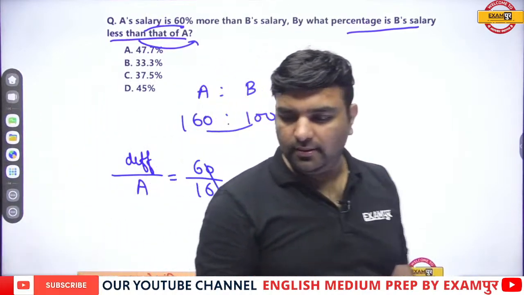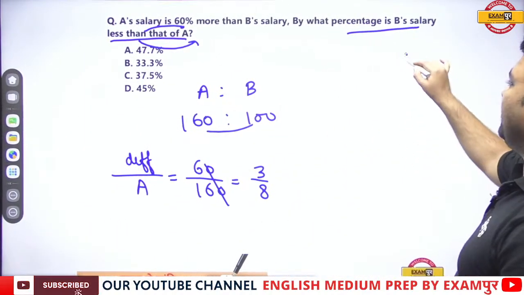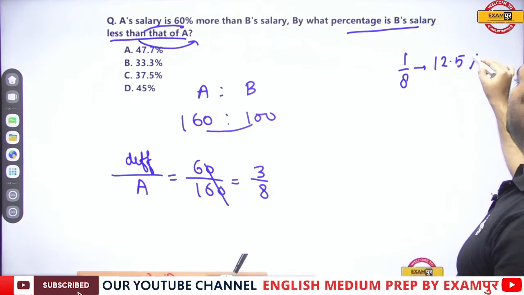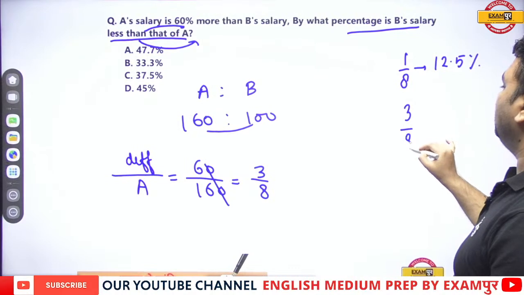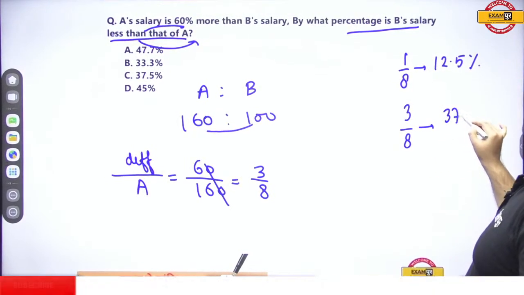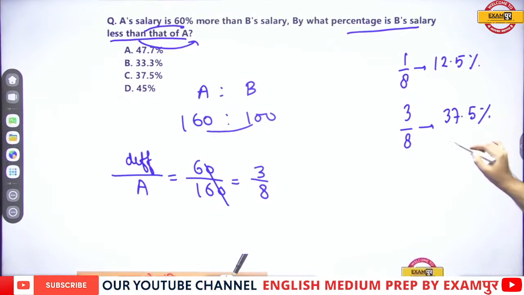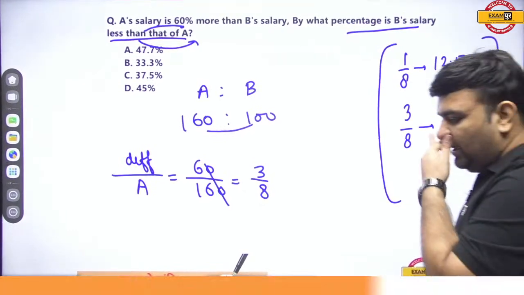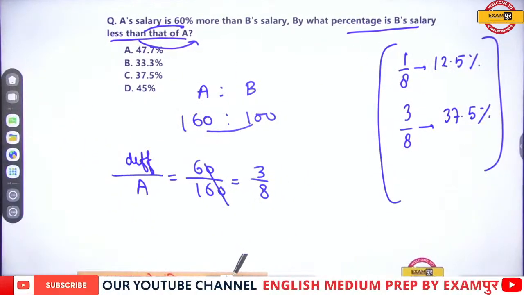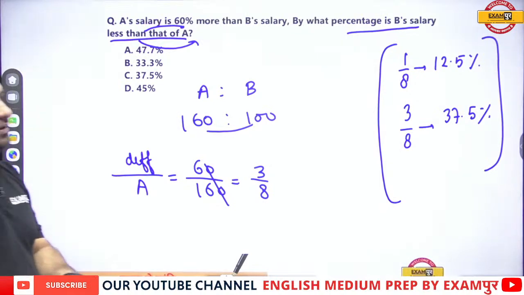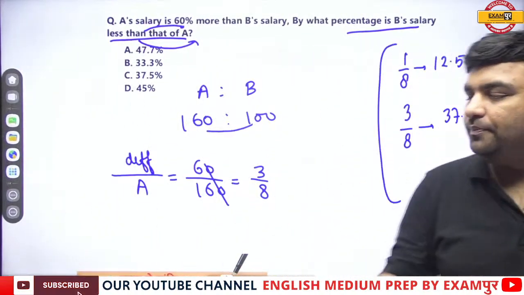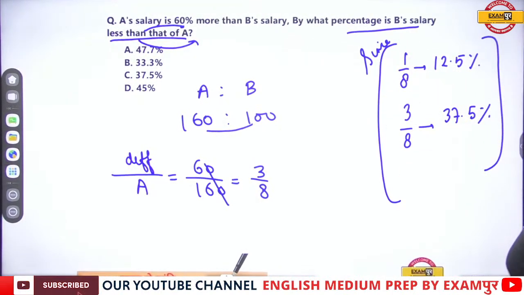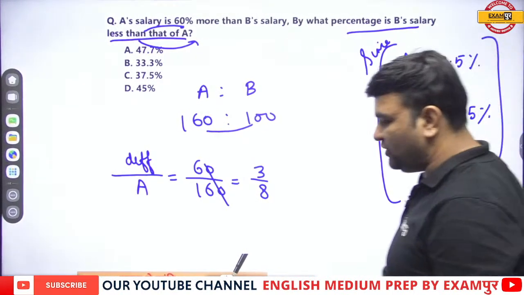I must have told you in the initial classes, if 1 by 8 is 12.5%, then 3 by 8 is 37.5% directly, just 3 times of it.